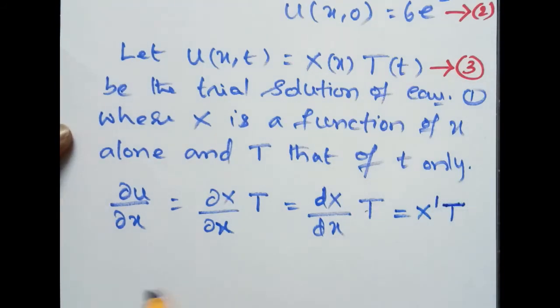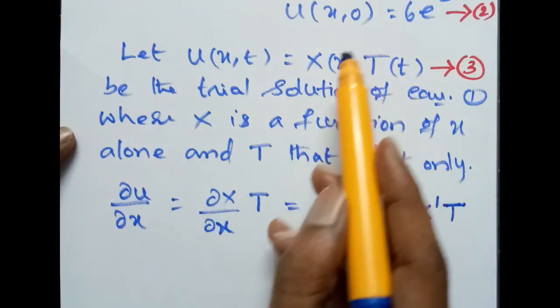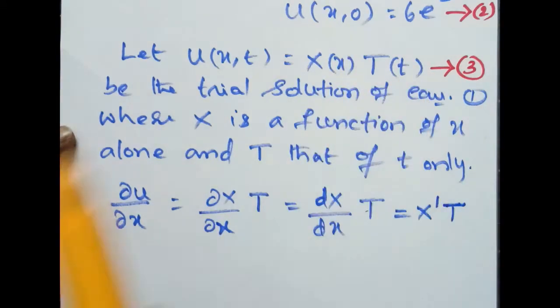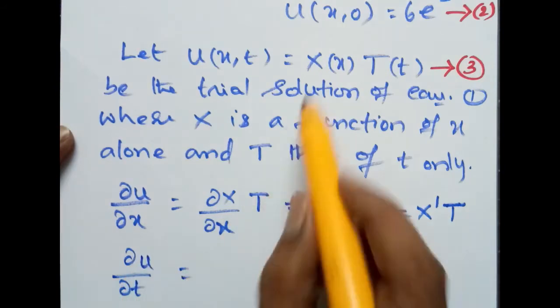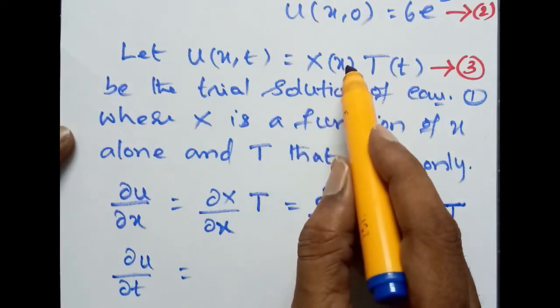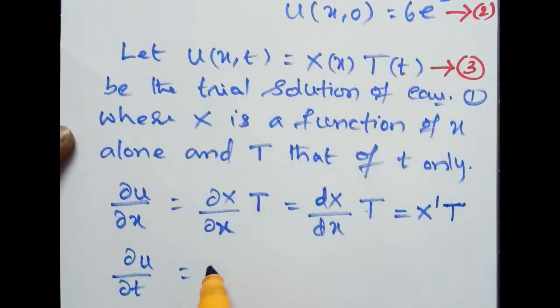X dash into T. And now partially differentiating with respect to t, ∂u/∂t is equal to, since it is a function of x alone, X is a constant.